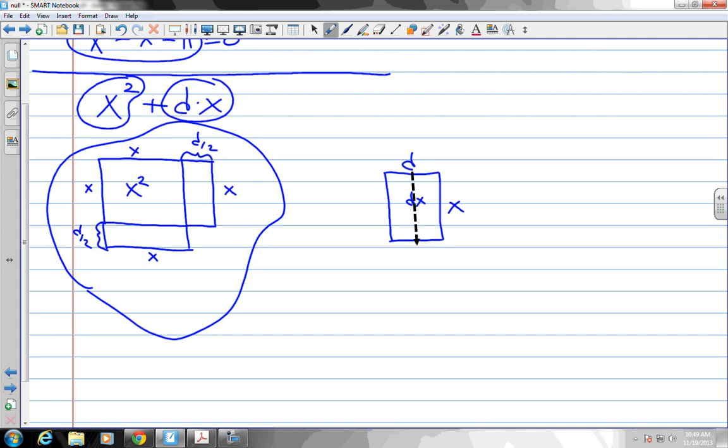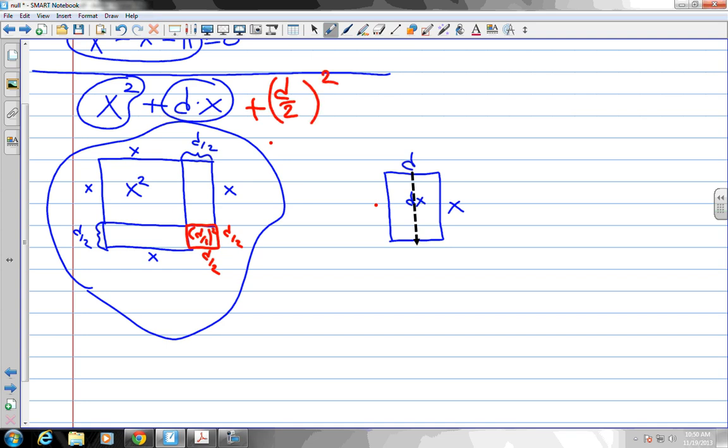That little corner, right? What is this corner? If I were to add this corner, what is that? It's d over 2, d over 2, so it's d over 2 squared, right? So in order for me to make this expression, x squared plus some number x, into a perfect square, I need to add half of d, squared, to it.